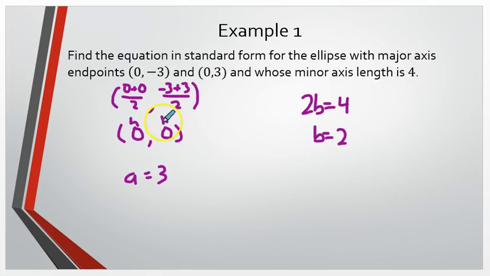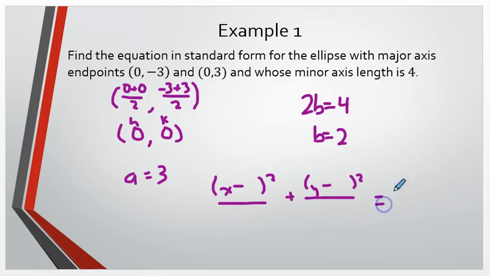Now that we have a, b, h, and k, we're ready to write the equation. I always kind of like to start off just with the basic form of having an x minus something squared plus y minus something squared. And these equations are always set equal to 1 if you noticed on the previous slide for the standard form.